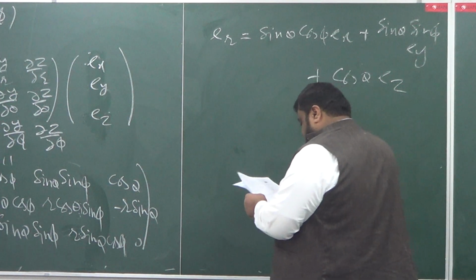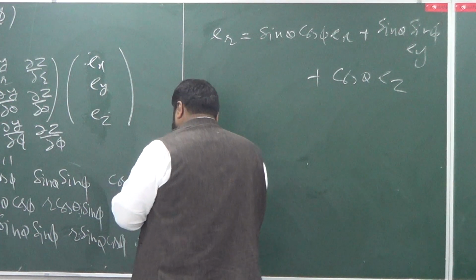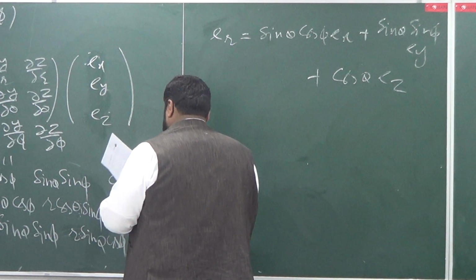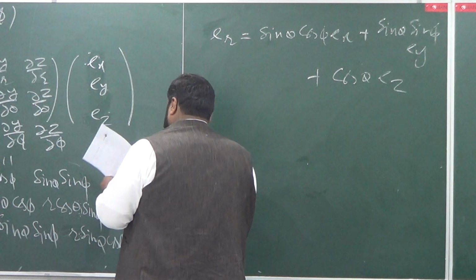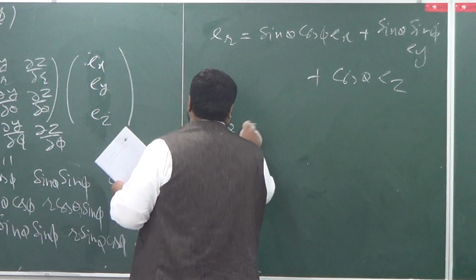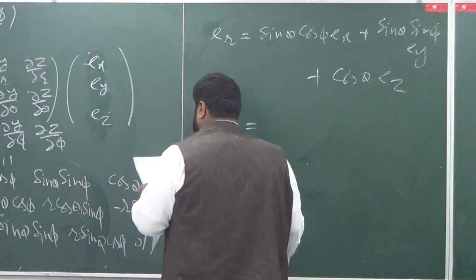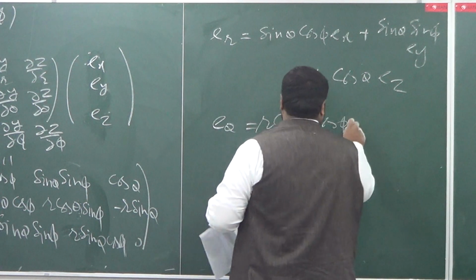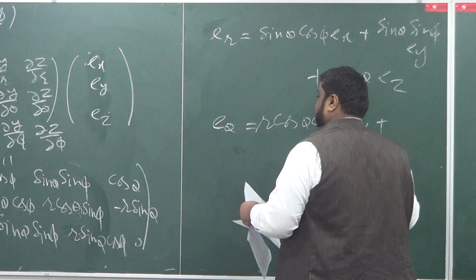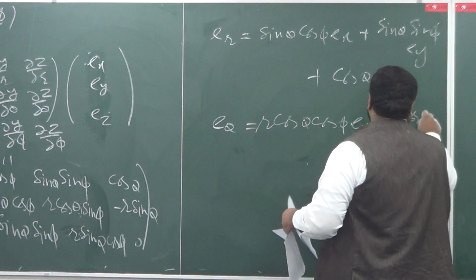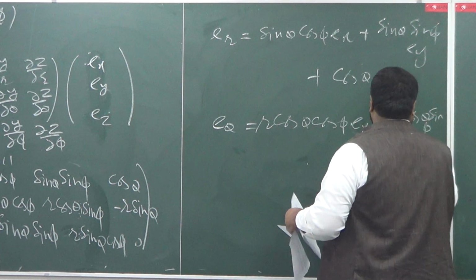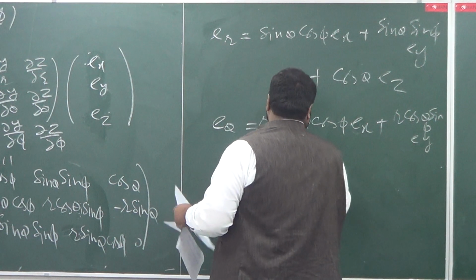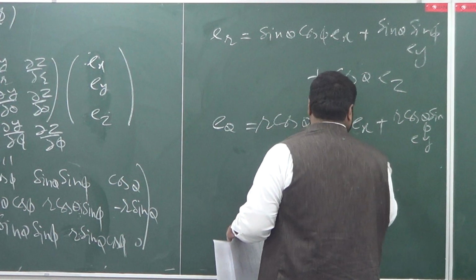And I would like to write one more expression, E theta. So E theta would be r cos theta cos phi Ex plus r cos theta sin phi Ey plus minus r sin theta Ez.